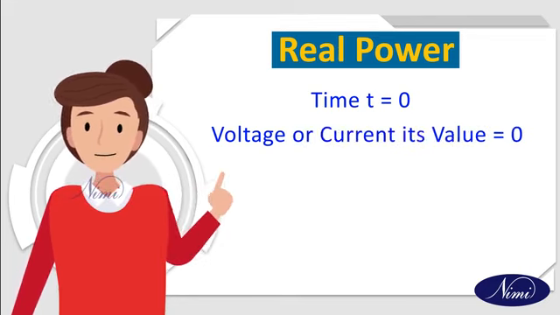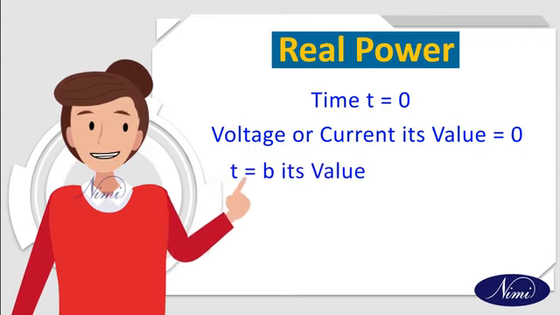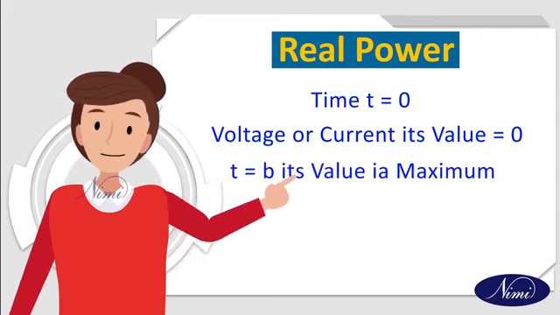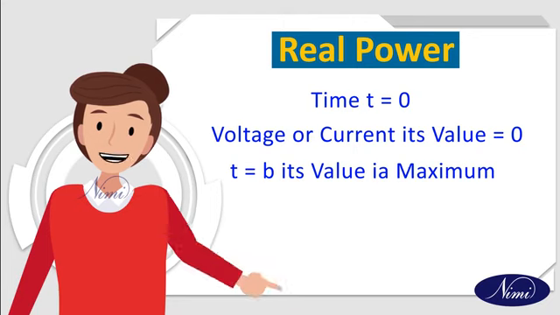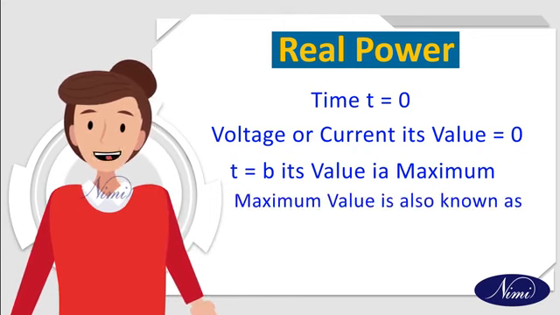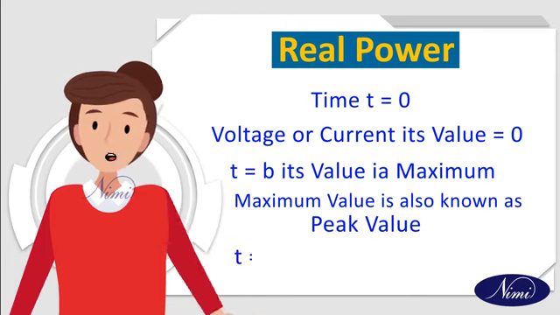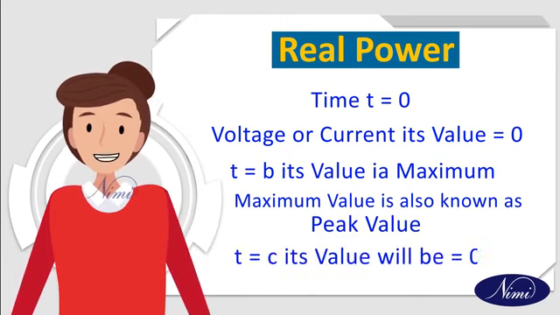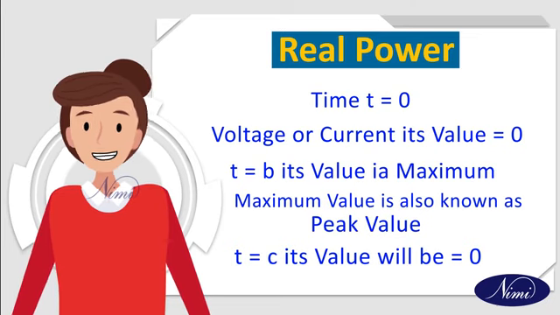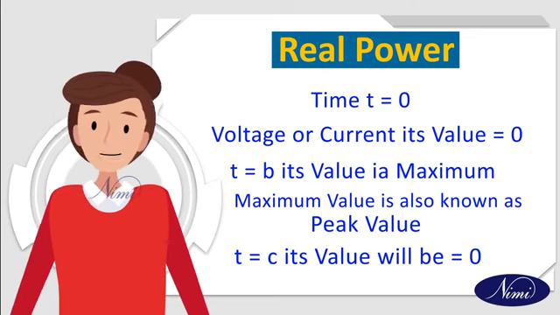At time t is equal to b, its value is maximum. That is, it reaches its maximum value. That value is called peak value. At time t is equal to c, it will be 0. And again it increases negatively and so on.